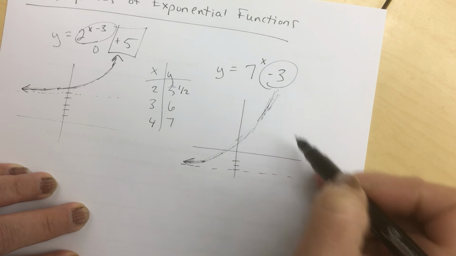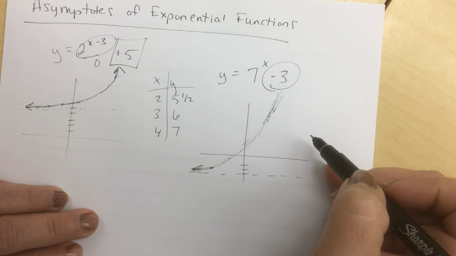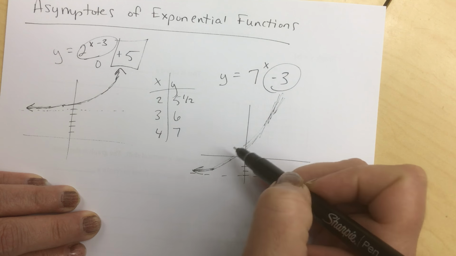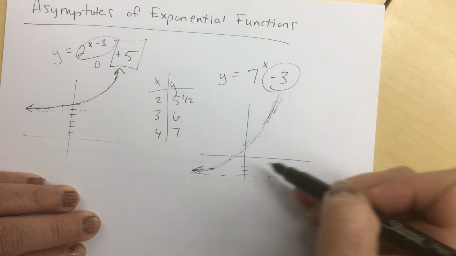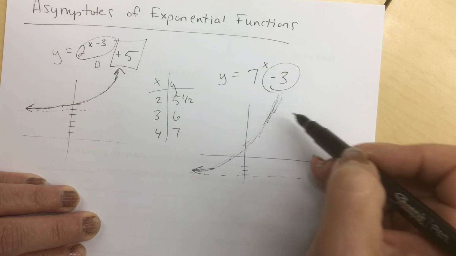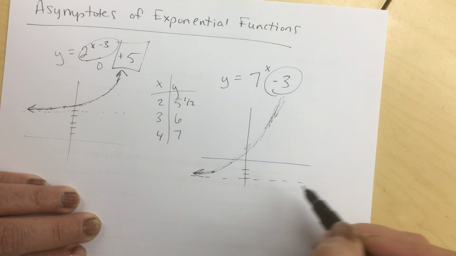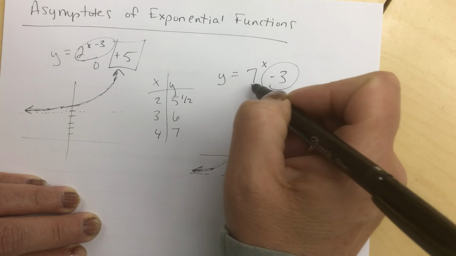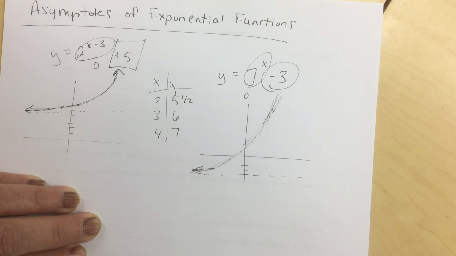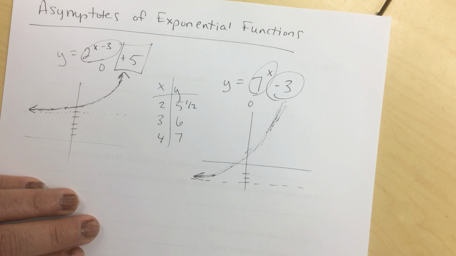And I'm not going to bother plotting points and getting really specific here because your question was about the asymptotes. If you want to know exactly where this crossed the y-axis and where things happened, you could plot some points, do an XY chart like this. But it's going to have an asymptote at y equals negative 3 because this thing will go to 0 when you plug in really, really small numbers, or it'll get really close to 0. Okay, so that's how you find the asymptote.